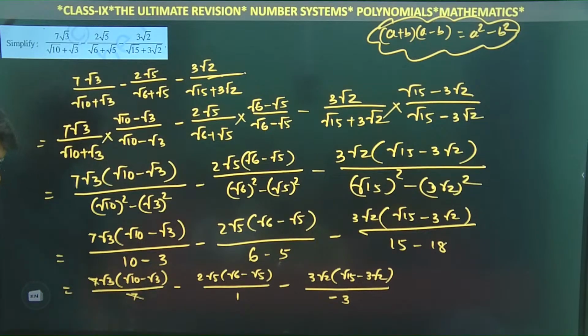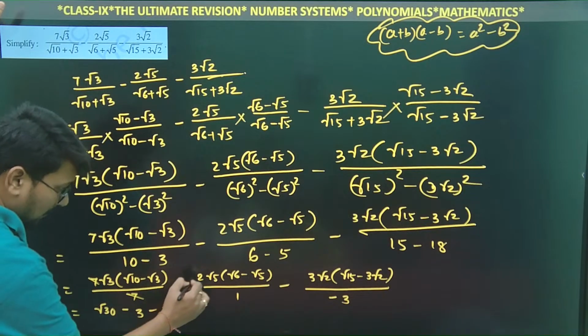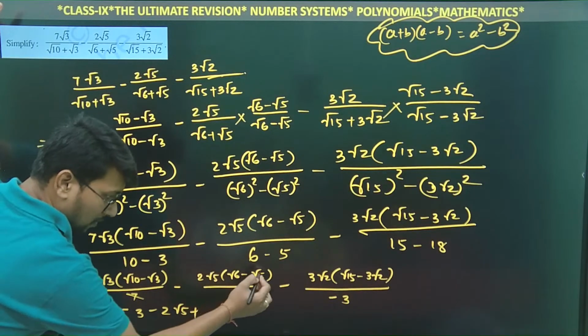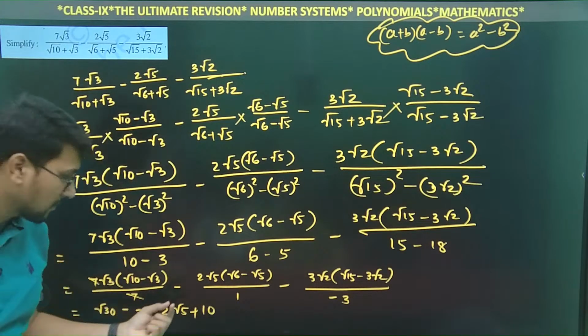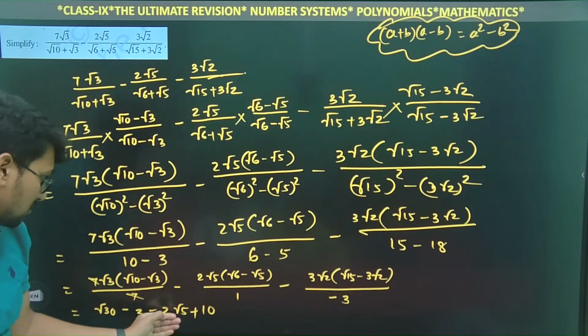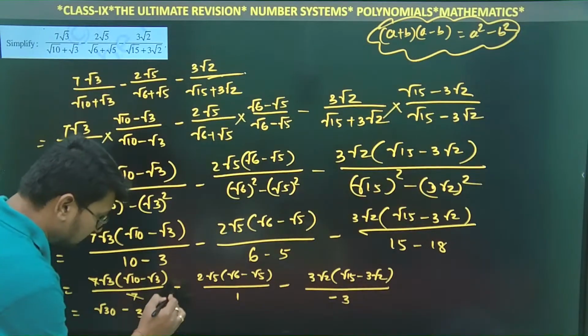Check, 7 and 7 cancel. So only we have to multiply root 3 into root 10. How much? Root 30. Root 30 minus 3. Here minus 2 root 5 into root 6 is how much?